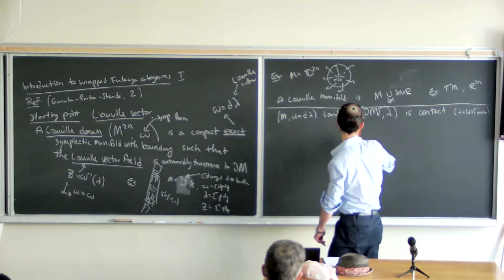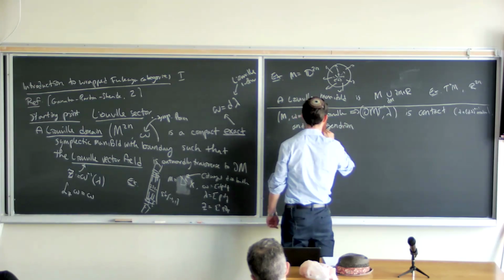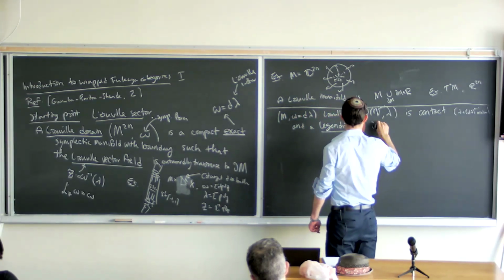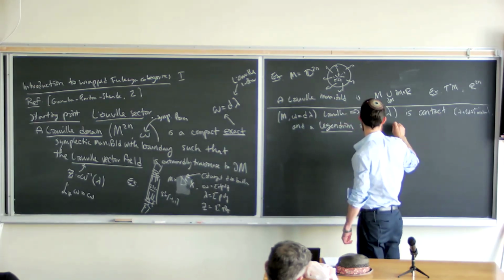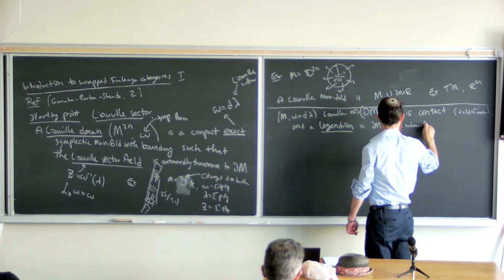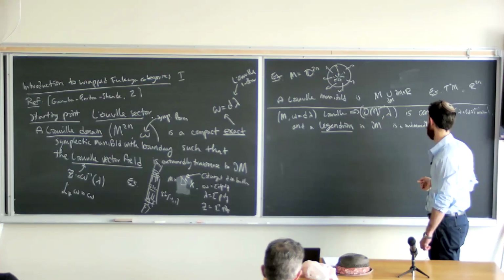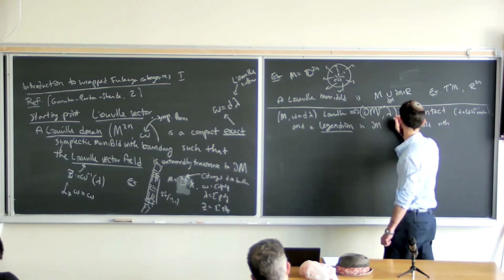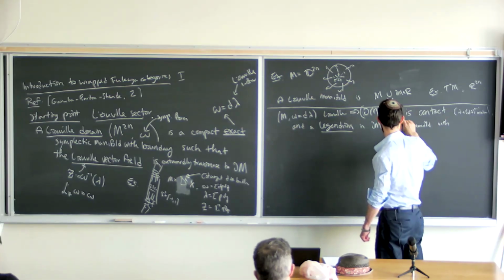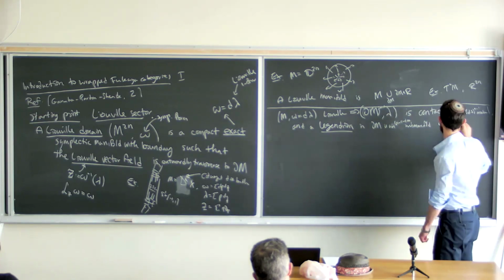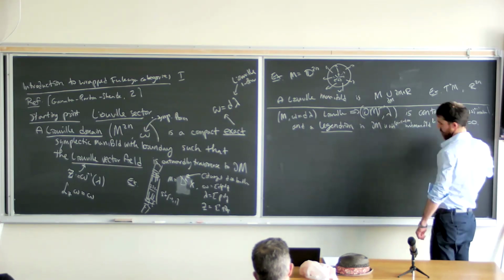And recall that a Legendrian submanifold in the boundary of M is an n minus 1 dimensional submanifold L with lambda restricted to L equal to 0.